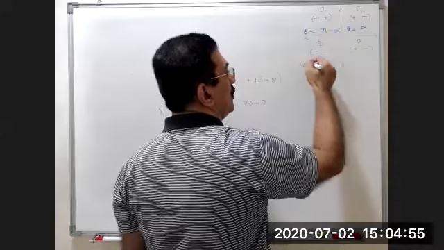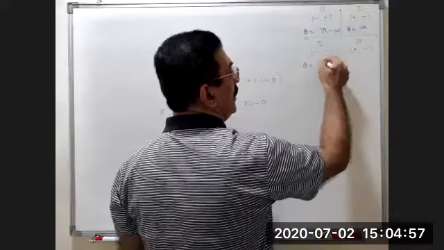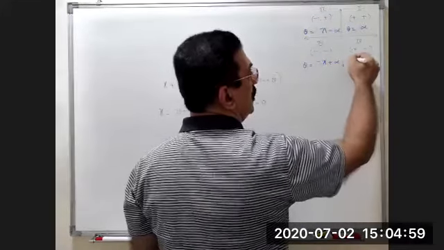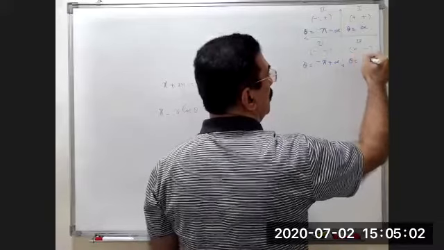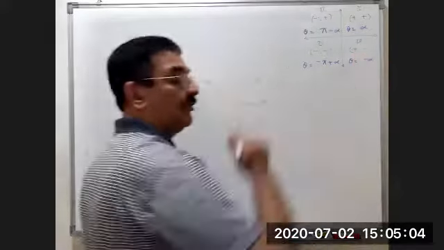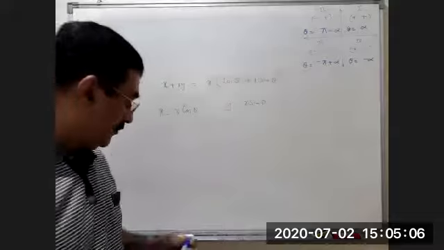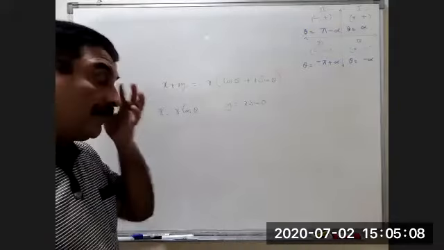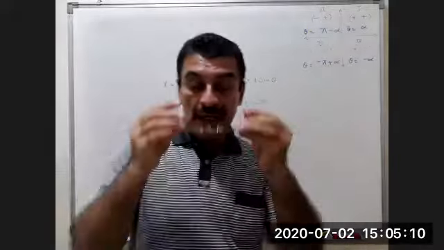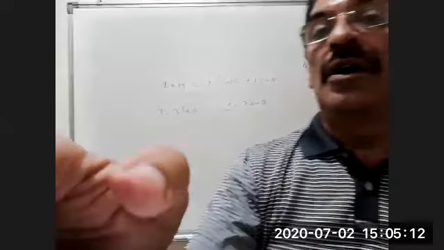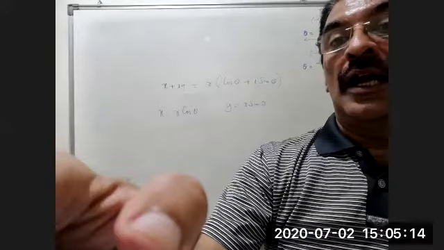In quadrant 3, theta will be minus pi plus alpha. And in quadrant 4, theta will be minus alpha. This is what we discussed last class. This is how to find the principal value of the argument, or the amplitude.